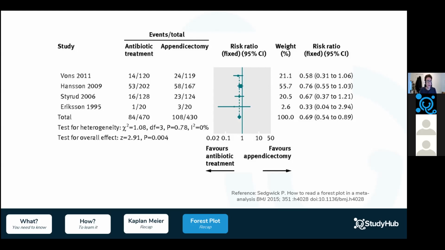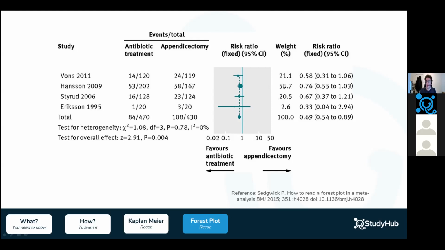It's actually unlikely for the forest plot that you'd get in OSCEs to have that information there, but just for reference. And also, just for your information, the weight is just the statistical weight. Normally, some studies, because they're bigger than others, might have a bit higher weighting. We can see here this study only has 40 people, whereas this one has a lot more.